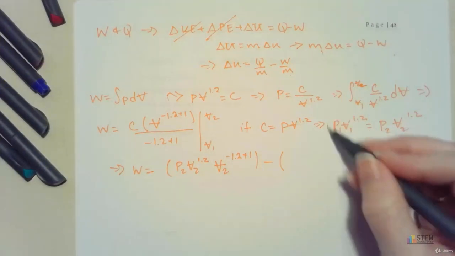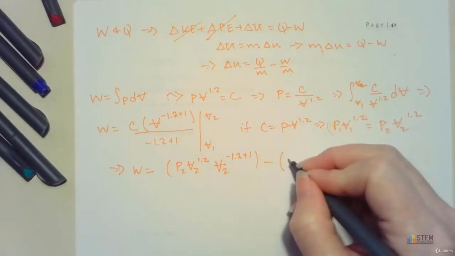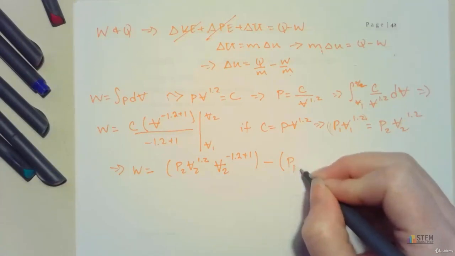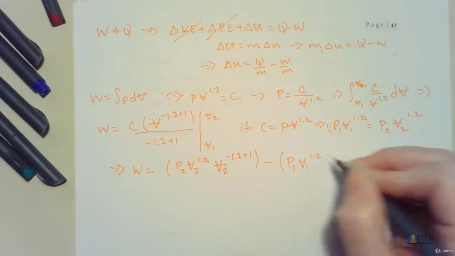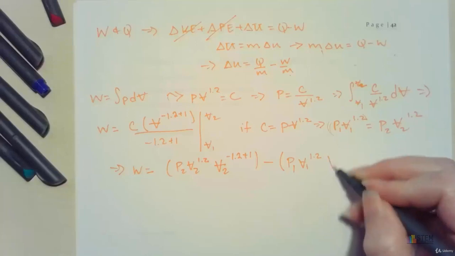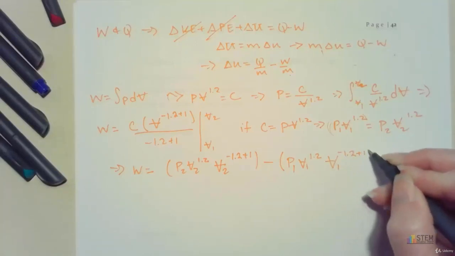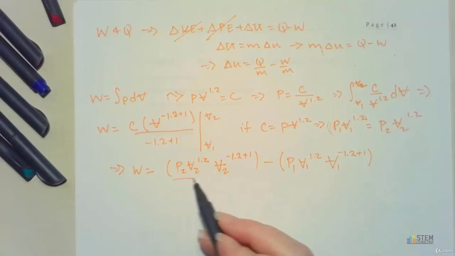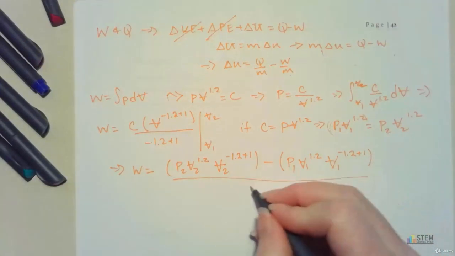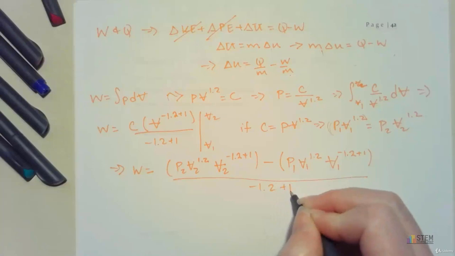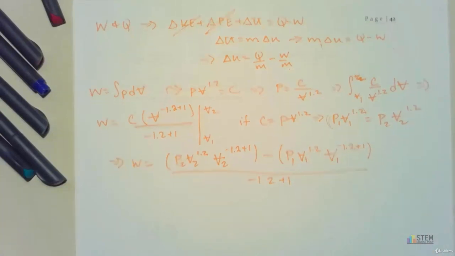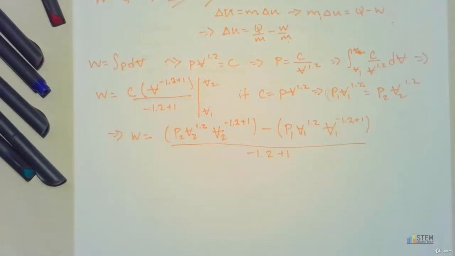So now I'm going to use this C value here just to keep everything at state 1. So we get P1 V1 to the power of 1.2 times V1 to the power of negative 1.2 plus 1. And put that over negative 1.2 plus 1.